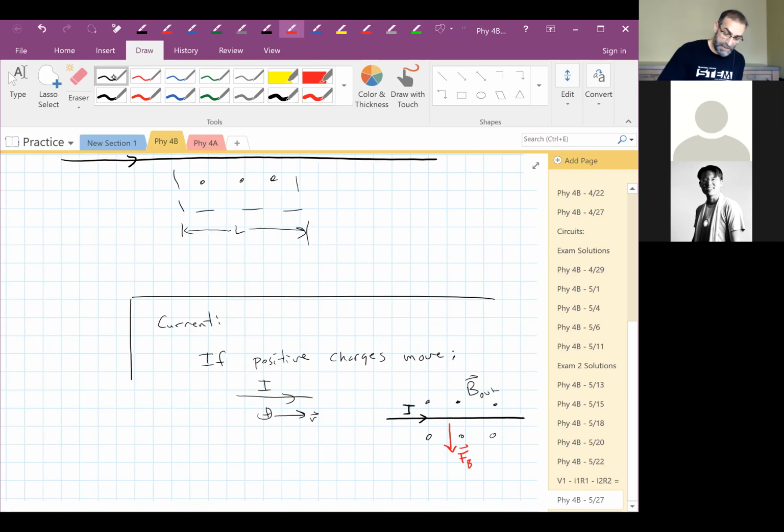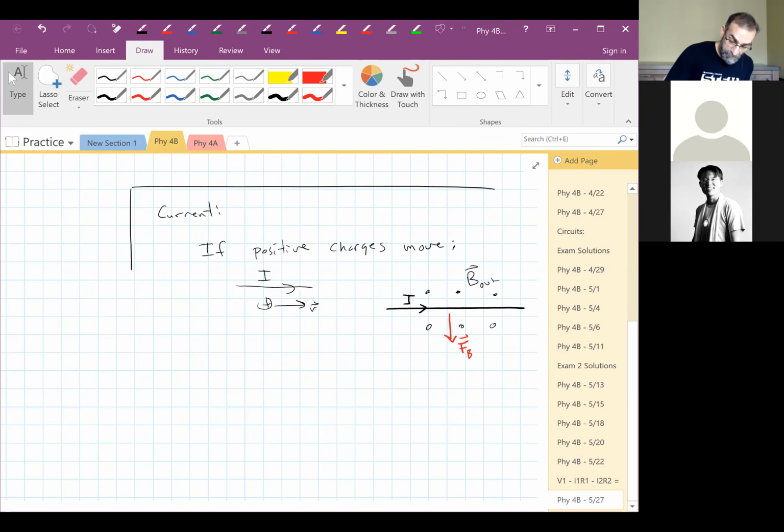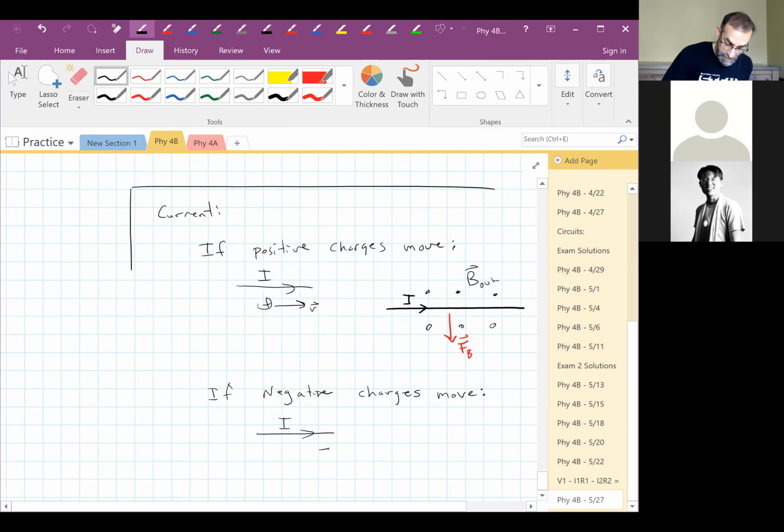Now, what happens if that's not what's going on? A current in this direction could really mean a negative charge is going the other way.